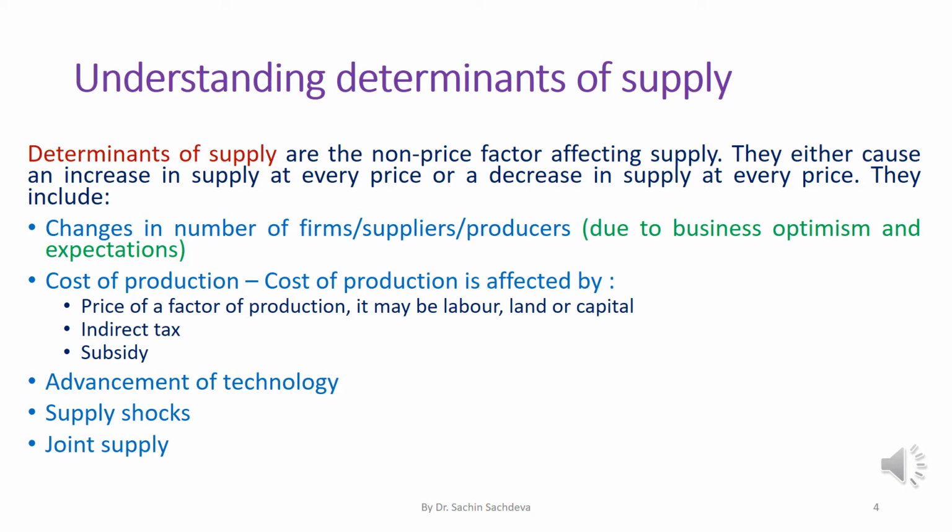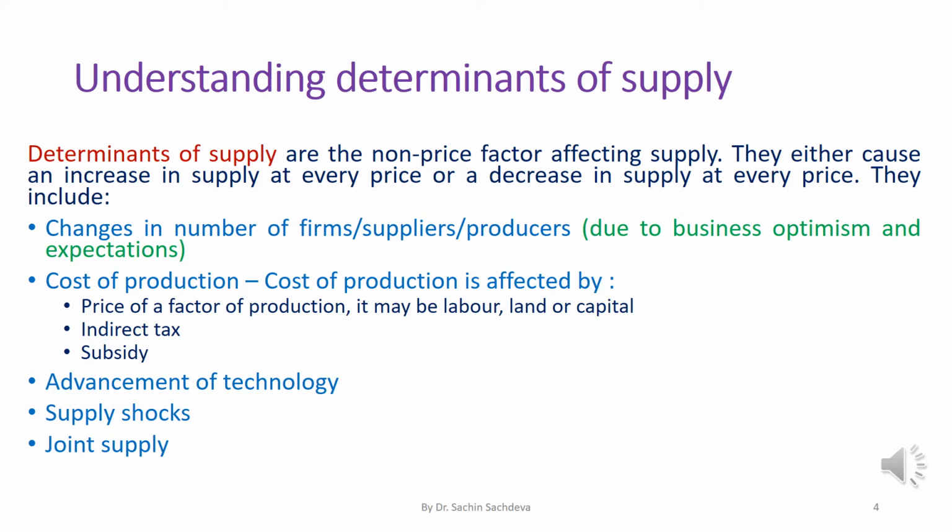Suppose due to any reason the cost increases from $2 to $3. Now with the same $10,000, the producer is going to supply less, because this money will not be sufficient to keep producing 5,000 units anymore. Similarly, if some factor causes a fall in the cost of production, so that instead of $2 it costs the producer just $1.5, then with $10,000 the producer can supply more of that product.